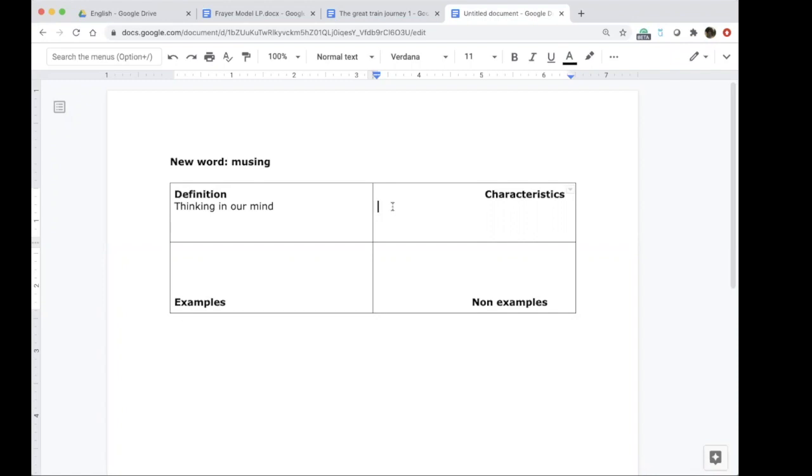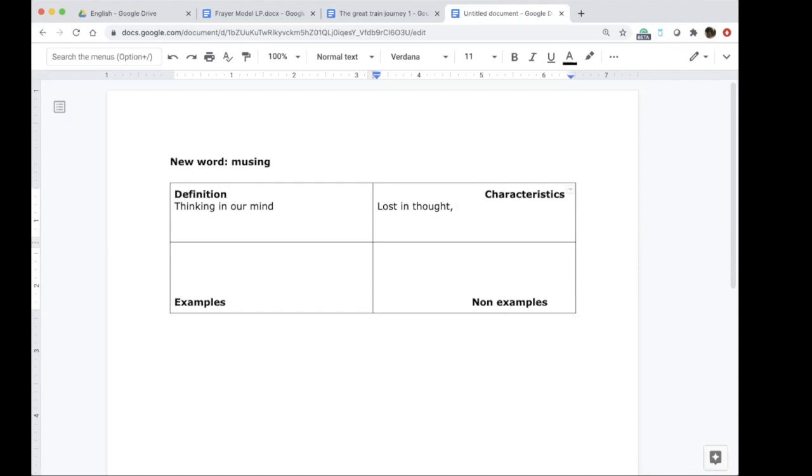Ria? Lost in thought. Lost in thought. Okay. So somebody is thinking and they don't even know where they are, what they are doing. Okay, that's a good feature because they are thinking very deeply. Okay, sounds good.